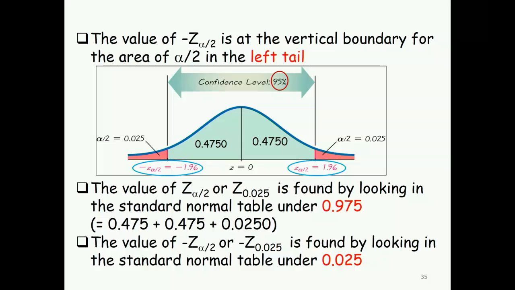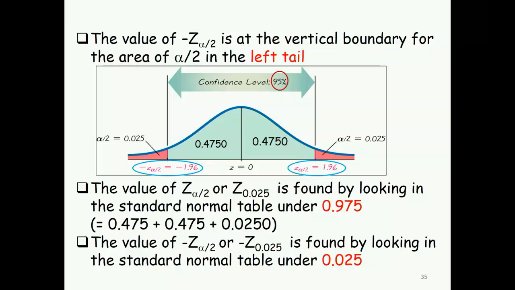For a 95% confidence interval, what is alpha? Alpha is 5. 2.5 on the right-hand side, 2.5 on the left-hand side. Now, if I ask you to find 1.96 from the table, which value are you going to check? You remember, the Z table always gives us the area to the left.